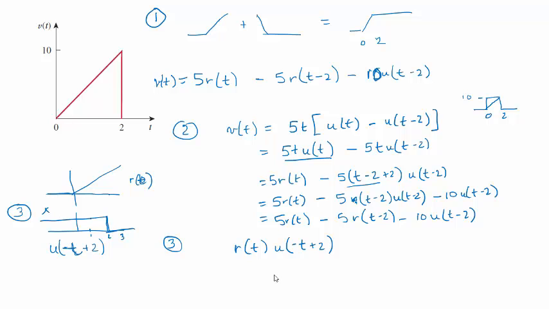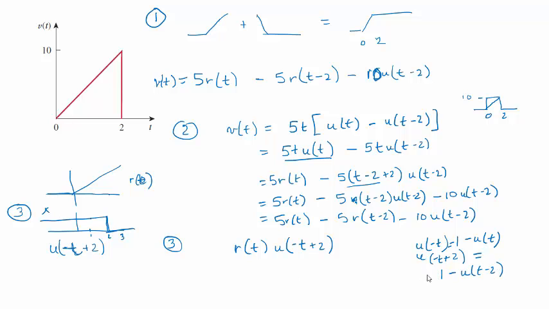So then we can play a little bit of tricks. The fact that u at minus t is the same as 1 minus u of t. So we can replace u at minus t plus 2 by 1 minus u t minus 2.